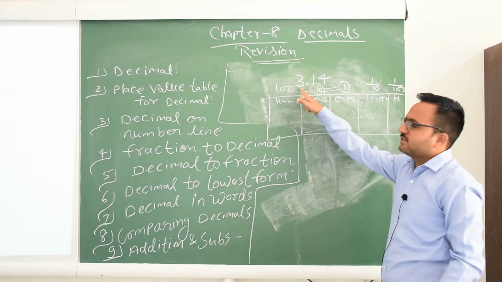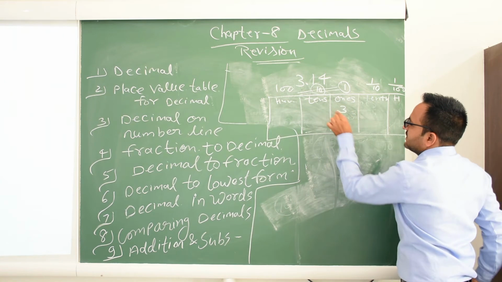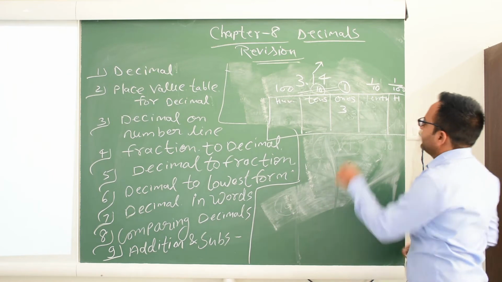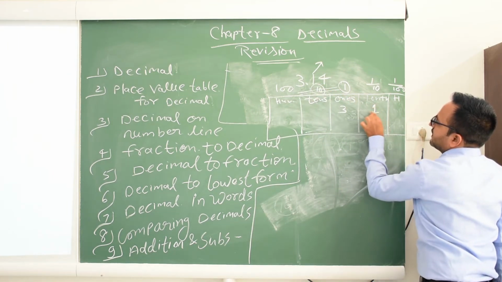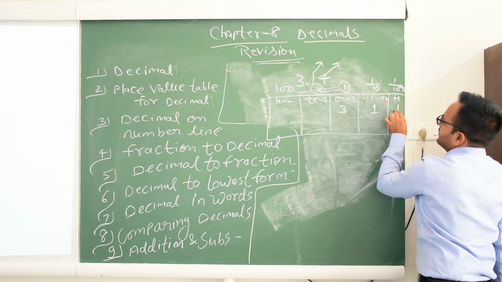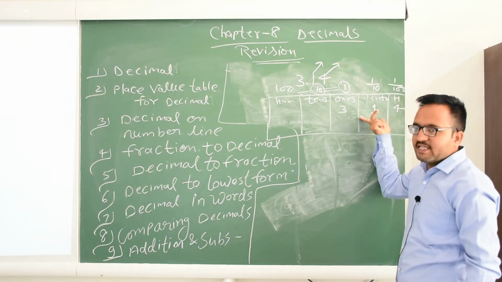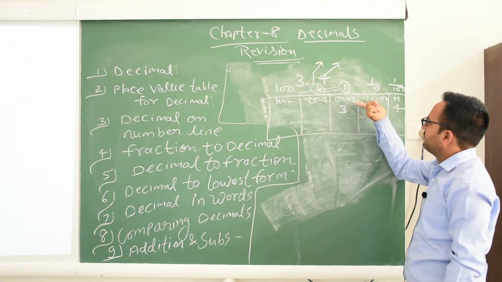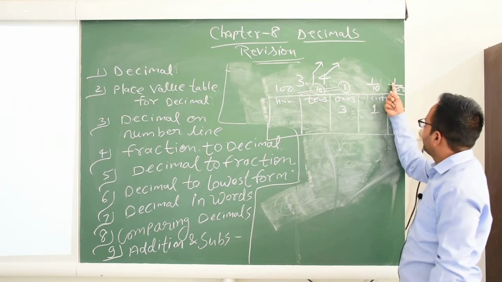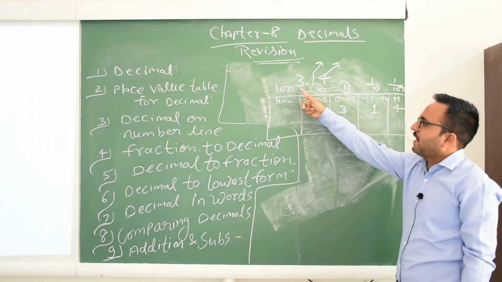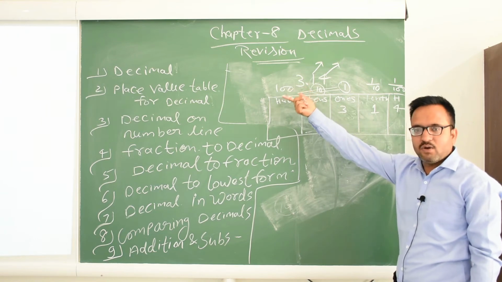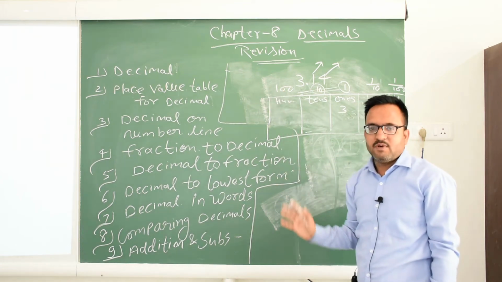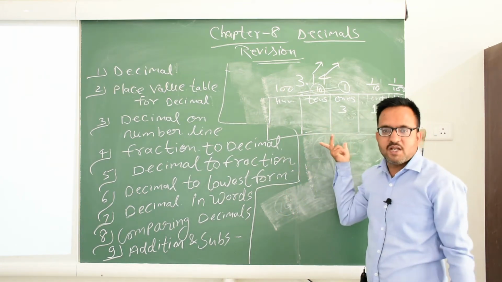So 3 is at the ones place, 1 after the decimal point is at the tenths place, and 4 is at the hundredths place. This is the concept of the place value table. This part is similar to whole numbers: ones, tens, hundreds, thousands, ten thousands, lakhs.